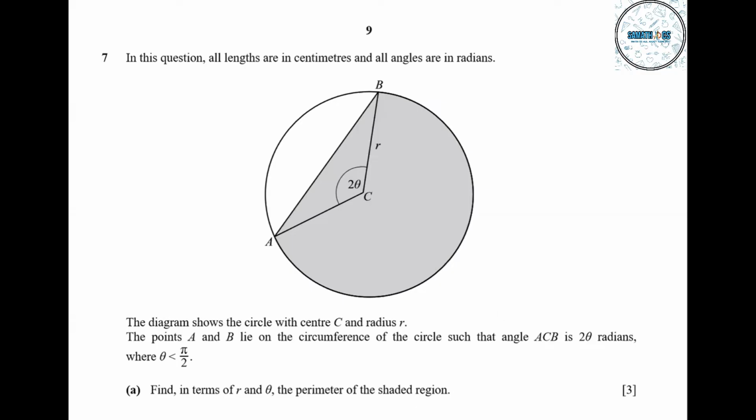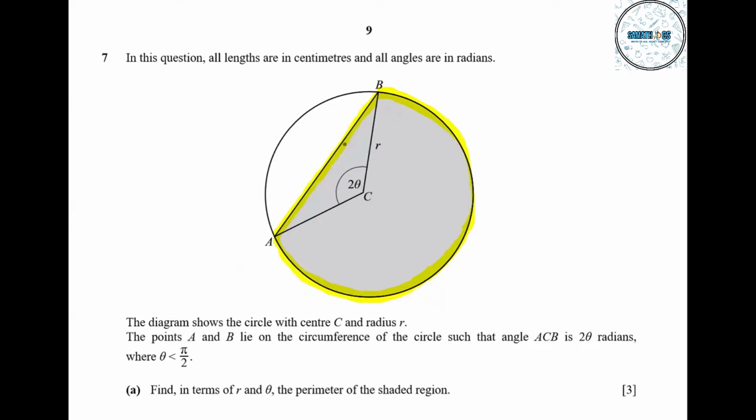If we have to find out the perimeter of the shaded region, it means that we have to add up this and this. These lengths to be added up.